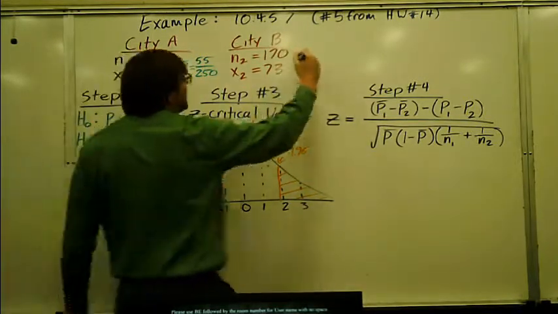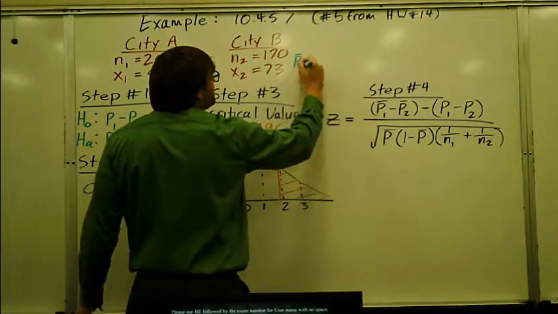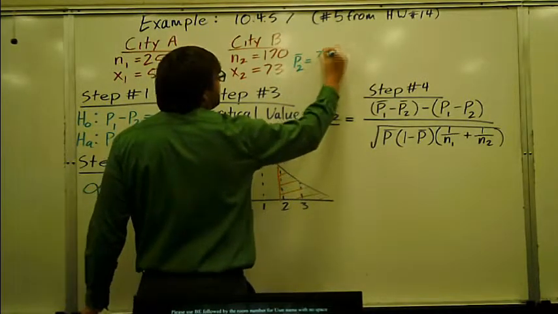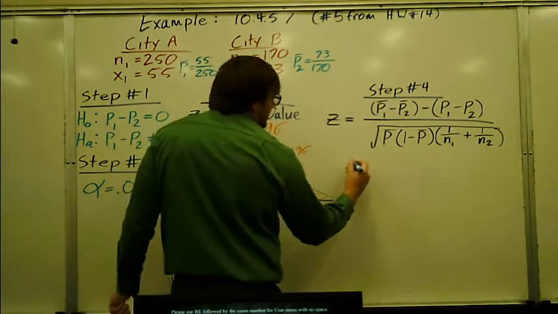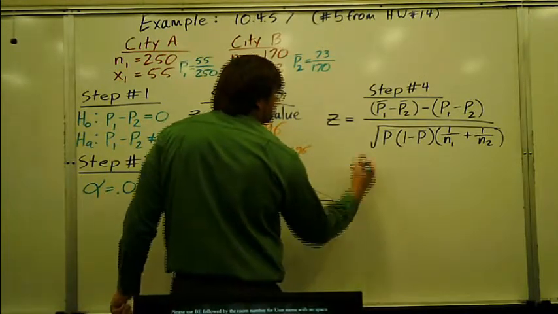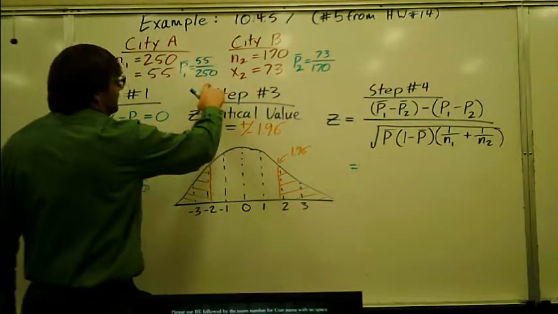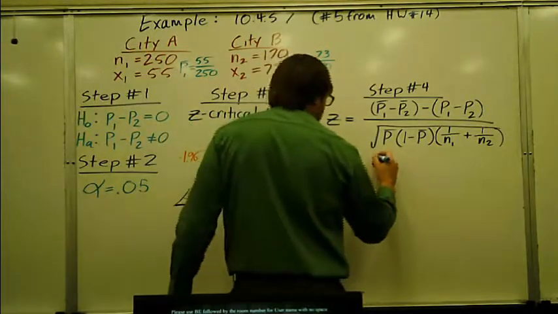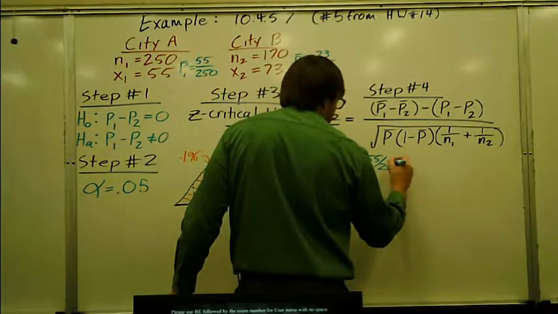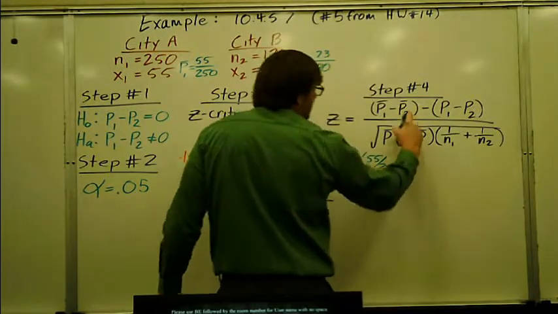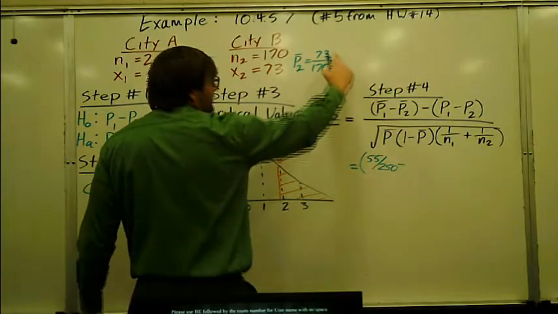And similarly, sample proportion 2 is going to be 73 over 170. So go ahead and put in those values. 55 over 250. Subtract out sample proportion 2, or 73 over 170.